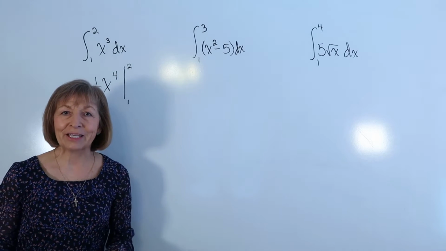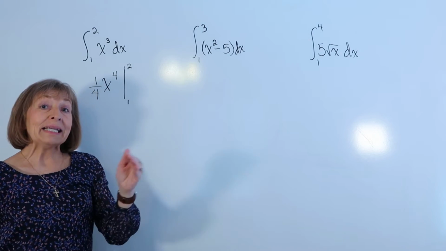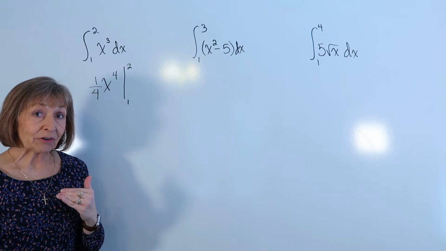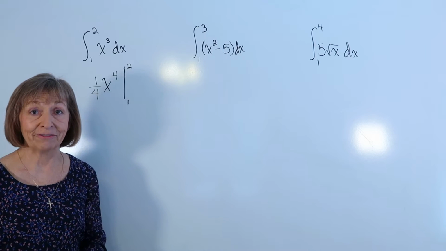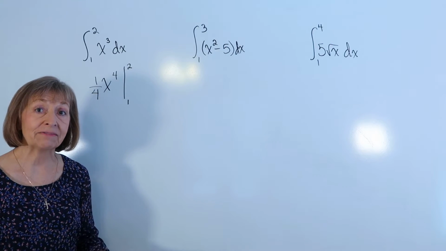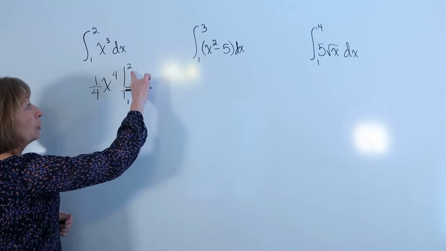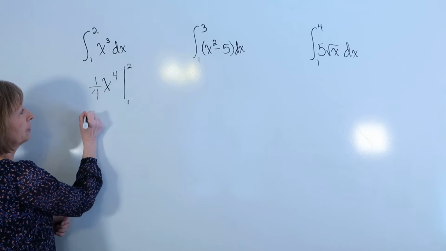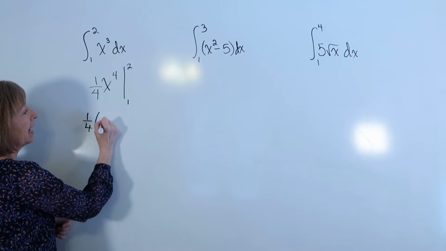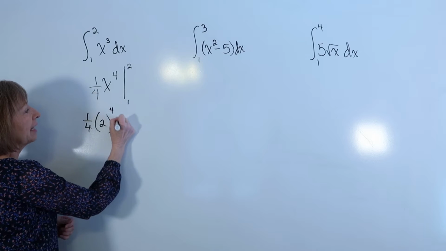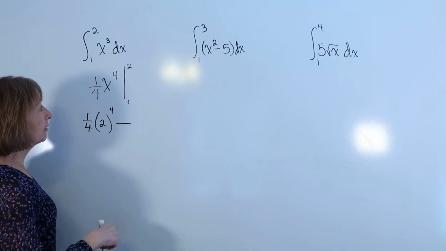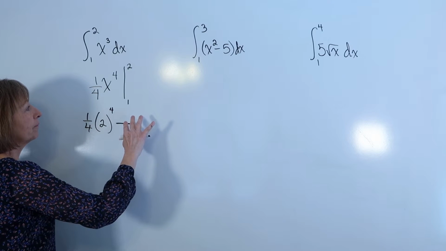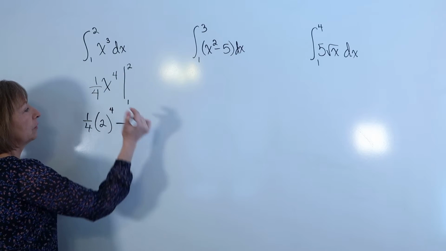Now here's something you want to remember. You need to plug in the upper limit of integration, then minus the lower limit of integration to get this value correct. So you plug in the 2 first, so it's 1/4 times 2 to the 4th, and then minus, because of what it is in the Fundamental Theorem of Calculus formula, plug in your lower limit 1.